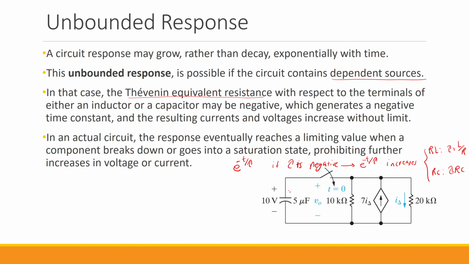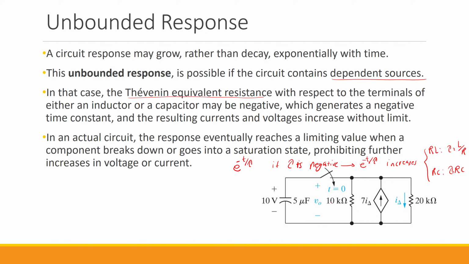We have this 5 microfarad capacitor with an initial voltage of 10 volts, and it gets connected to this circuit at time t0, because this switch goes from the open position to the closed position.